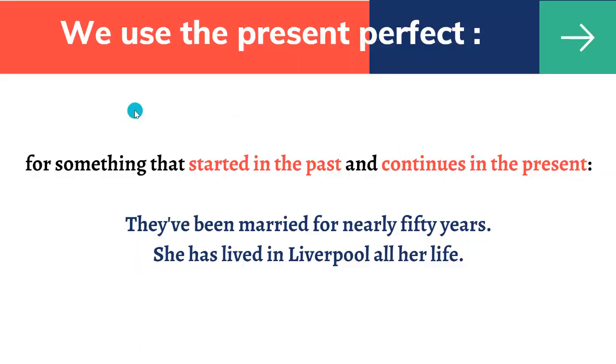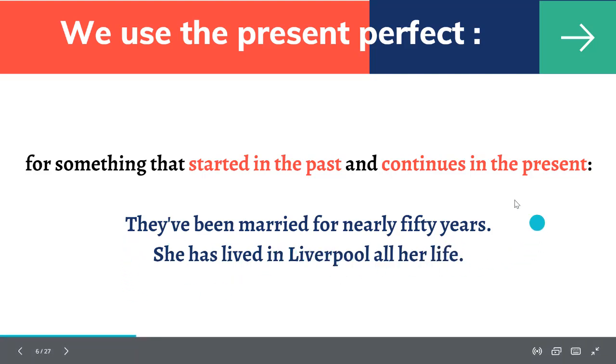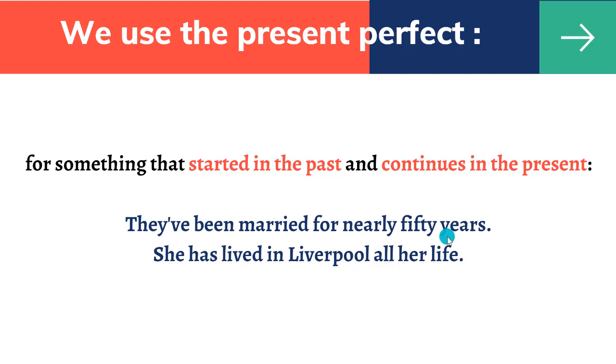Next, we use the present perfect for something that started in the past and continues in the present. For example, they've been married for nearly 50 years. The sentence does not say that they are still married, but it might continue in the present or even the future.